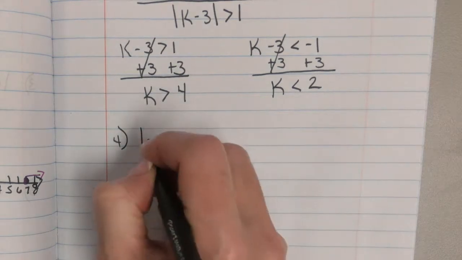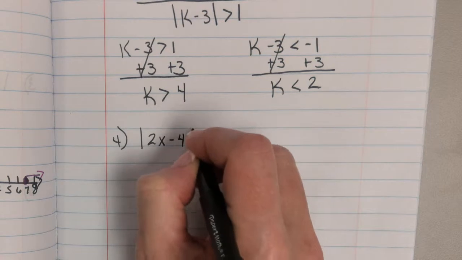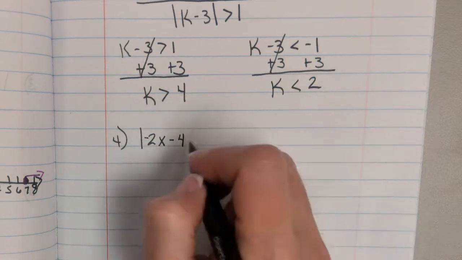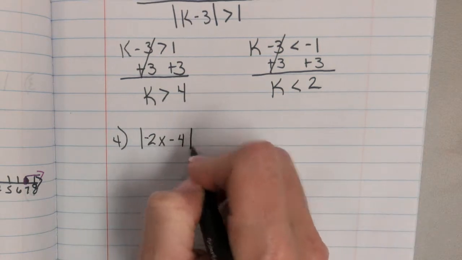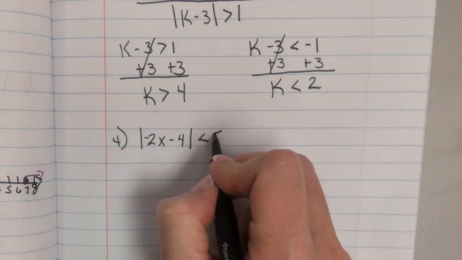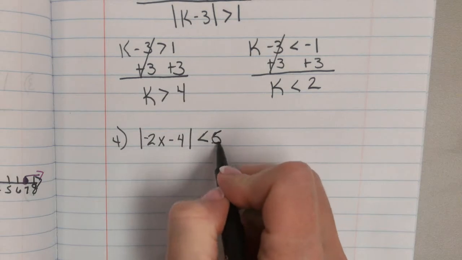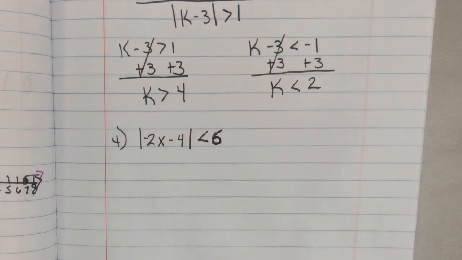Let's do the absolute value of negative 2x minus 4 less than... let's make it 6 so we don't get decimals. Let's keep it even. Let's say 6. All right, so what are my two inequalities going to be?